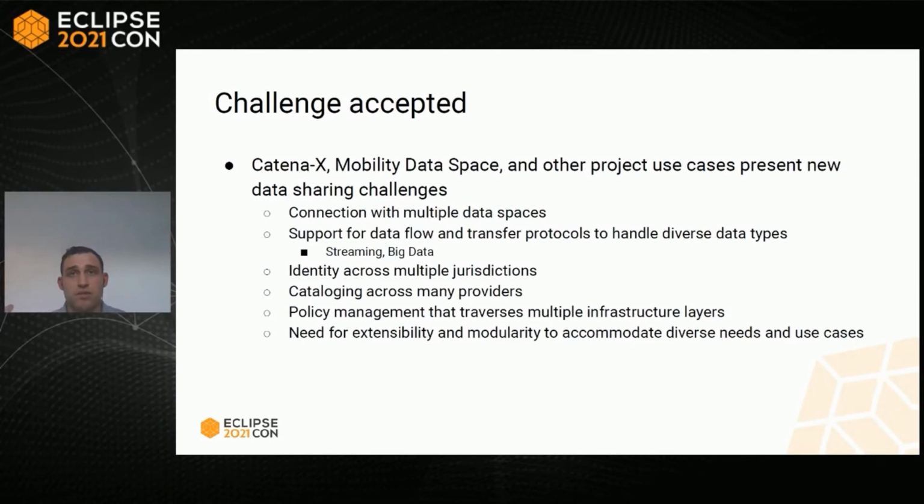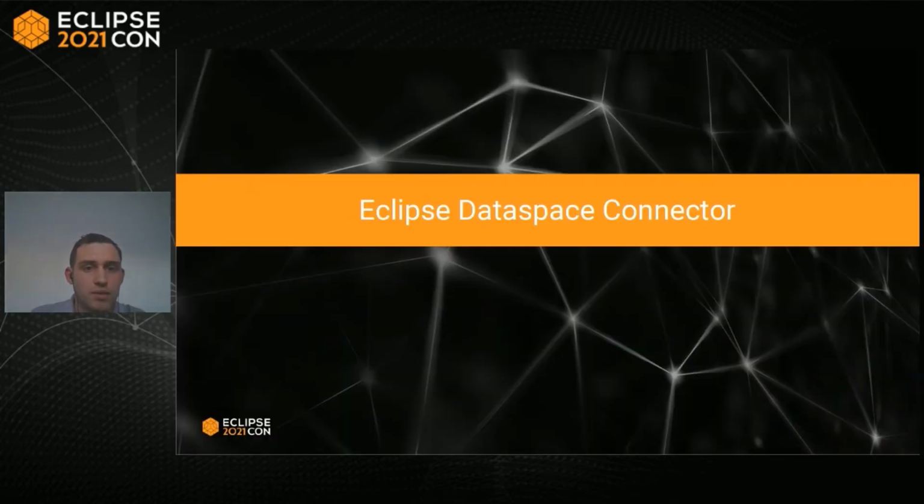Policy management, so the data sharing and data sovereignty aspect, completely traverse and can be handled in multiple ways. So we need something that is extensible and modular to really have a component available that can facilitate all these different requirements. And this is what the Eclipse Dataspace Connector is about.